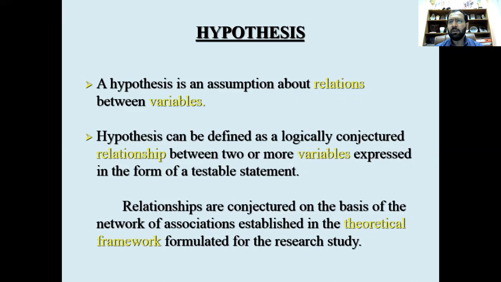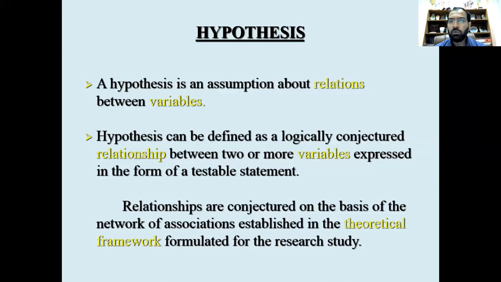So in other words, we are also interested to know the relationship between various kinds of variables. A hypothesis can be defined as a logically conjectured relationship between two or more variables expressed in the form of a testable statement. So you build a relationship, but it is also important that you represent it in a manner in which it can be verified and tested.